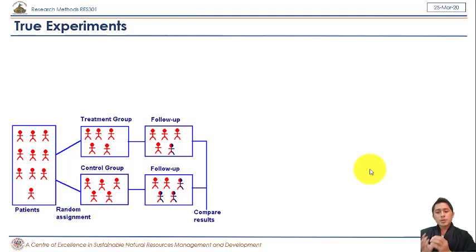So in a true experiment, these two should be there. And also in a true experiment, we can choose these two groups, for example, the experimental group and the control group we can choose randomly. So these are a few important characteristics in order for us to make the experiment a true experiment.